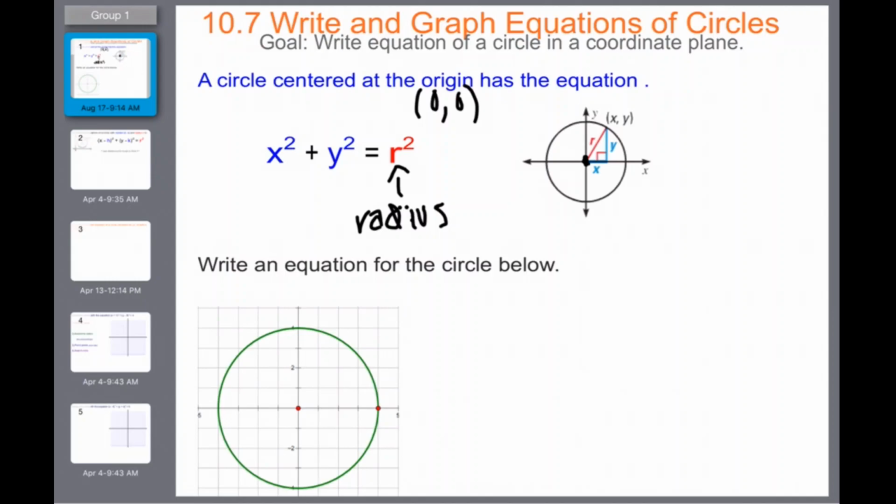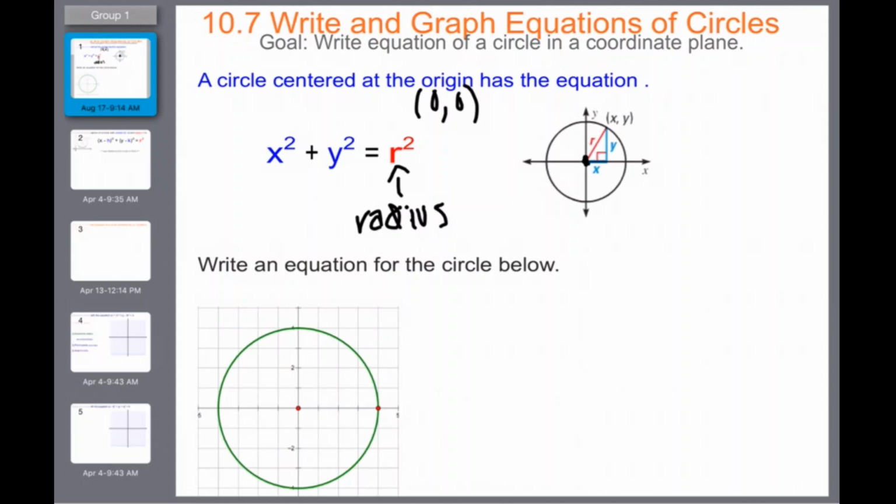In order to understand our equation a little bit better, let's first write an equation of a circle that we have on here. I know that the axis numbers are a little bit tiny, but each different thing is one unit.